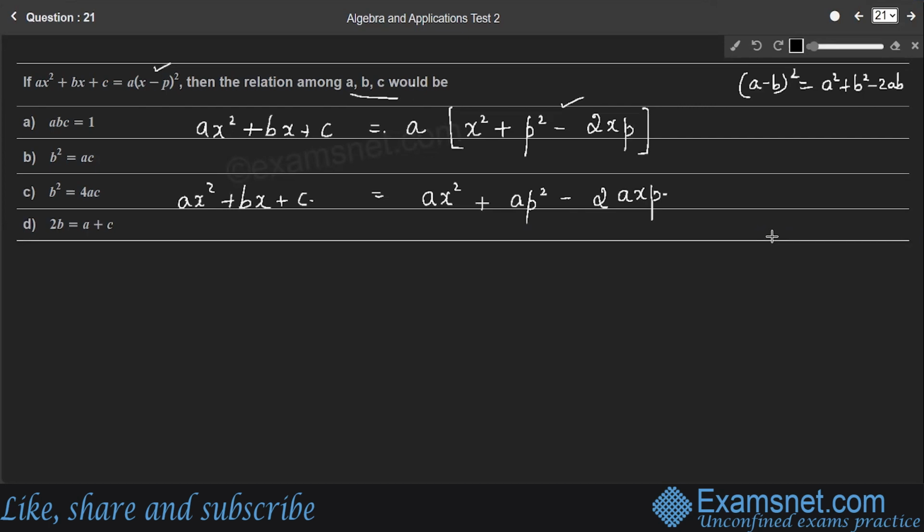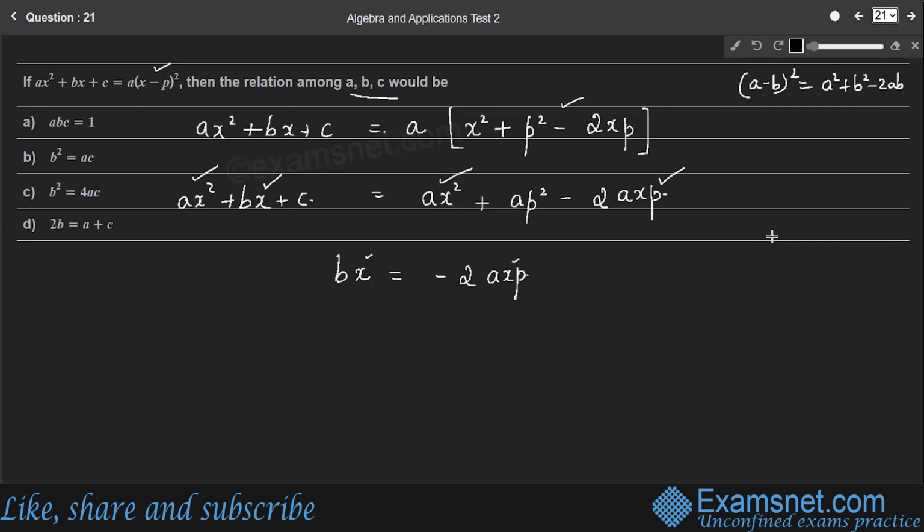Which is nothing but ax square is equal to ax square. And the term which has x, which is bx in the LHS part, and the term which has x in the RHS is minus 2axp. Therefore, we can equate bx to minus 2 times axp. In the LHS part, the coefficient of x is b, whereas in the RHS part, the coefficient of x is minus 2ap.